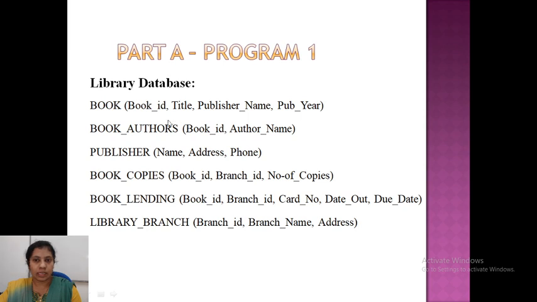These are explicitly related to book entity type. But what about the publisher name? Publisher name is the name of the publisher, and we have a separate table for publisher, correct? So now you can see there is a relationship between book and publisher.